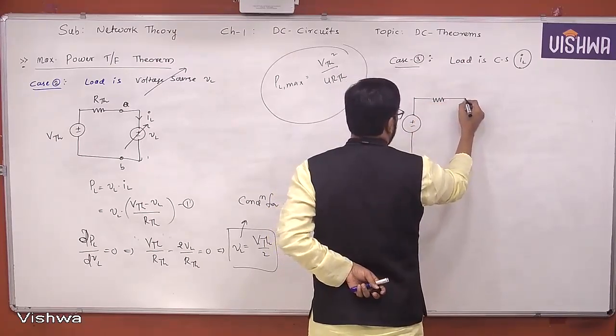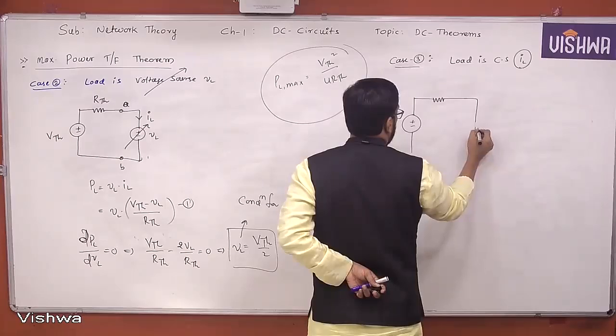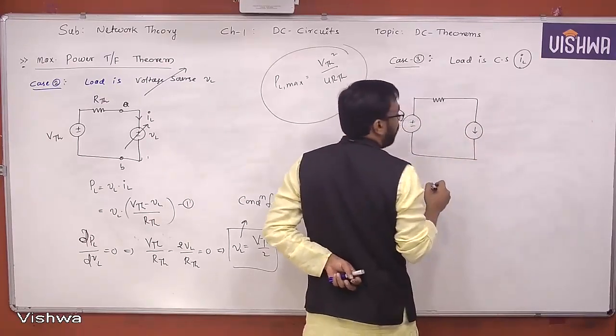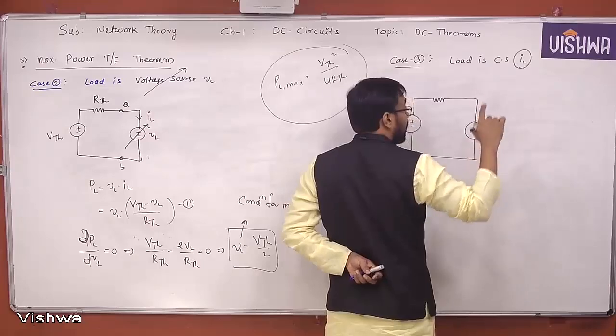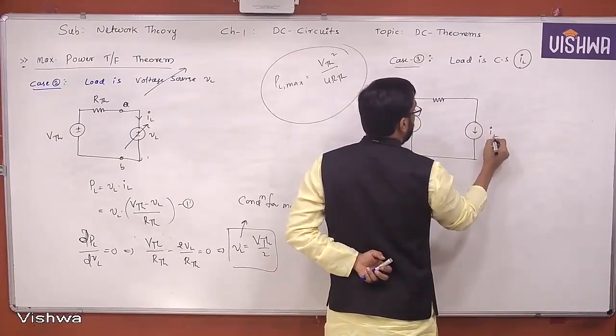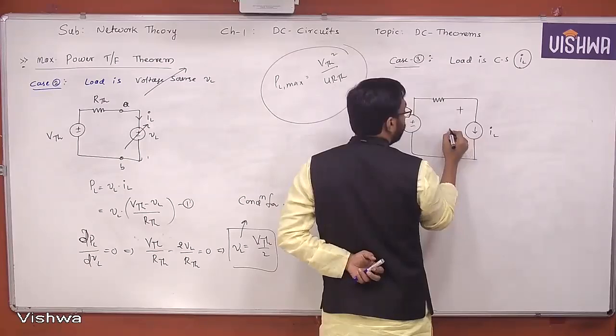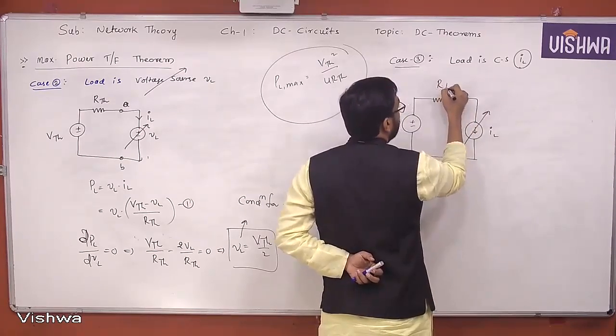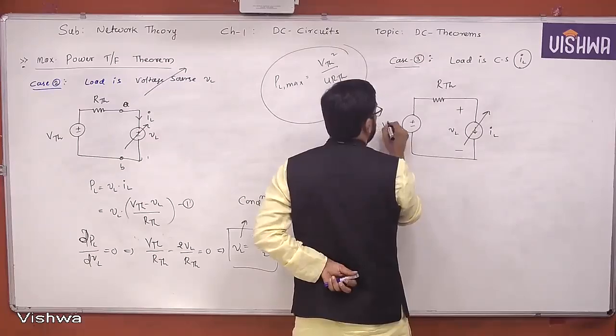It should absorb the power, right? A current source is said to be absorbing power only when the current is entering into the positive terminal. That is why IL, and I am taking the downward direction intentionally. This is variable. This is RTH and this is VTH.